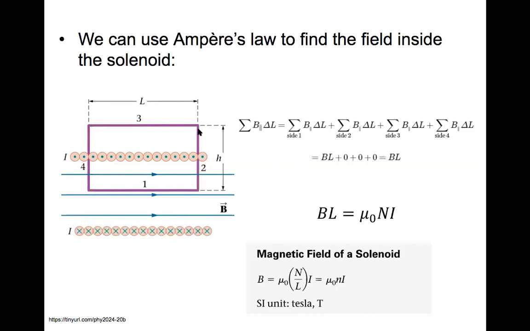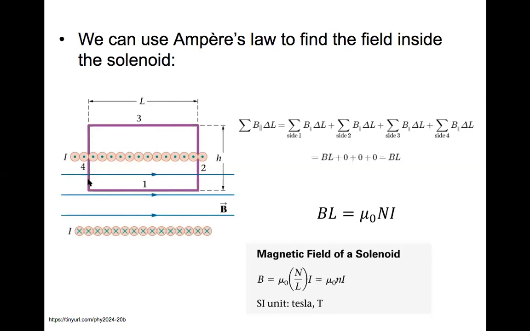In this case, because the B field is perpendicular to this segment of the rectangle, the parallel component of the B field is 0, so B times delta L is 0. On the side just outside the solenoid, B is very small, so it's basically 0 times L, which is also 0.